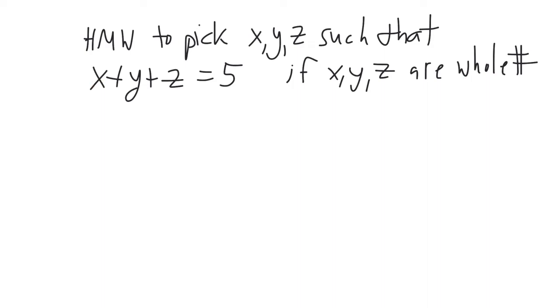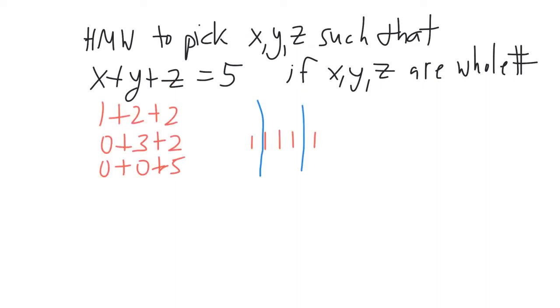In this case, x, y, and z are like our 3 kids from before. And there are 5 total pieces of candy that need to be given to the 3 kids. So for instance, the first letter could get 1, then 2, then 2. That's like the first kid getting 1 piece of candy, the next kid getting 2, the next kid getting 2. Different ways that it could be done.